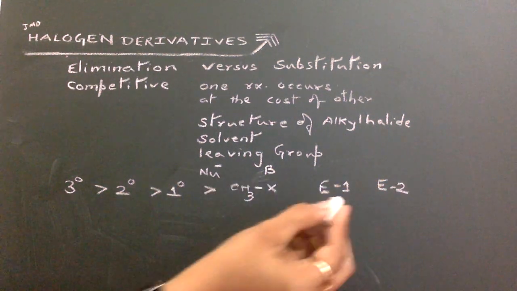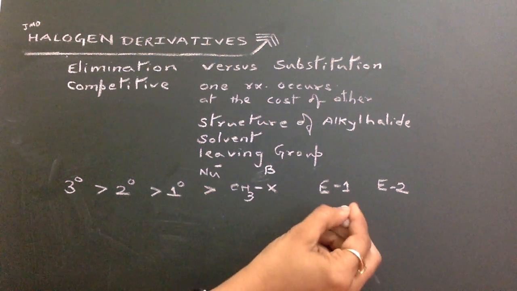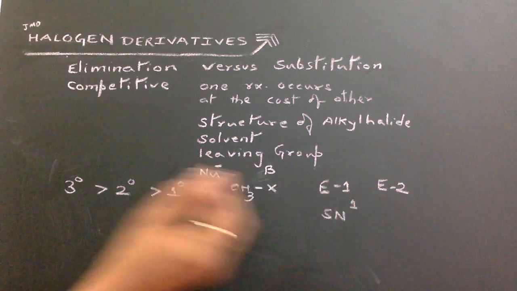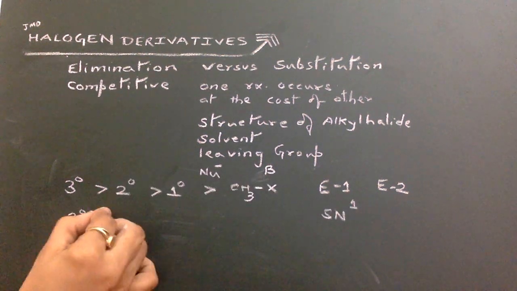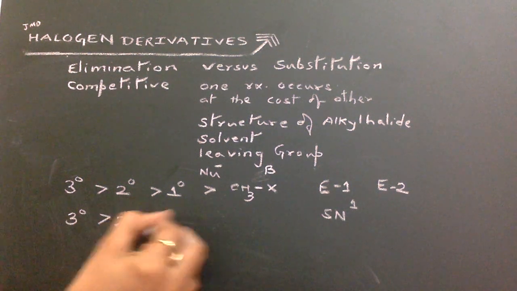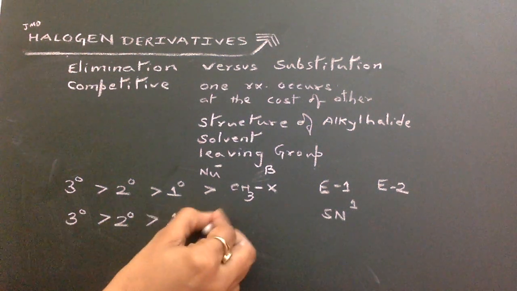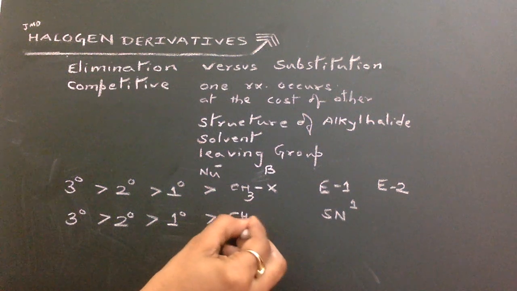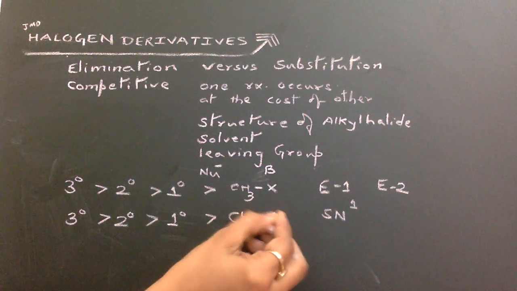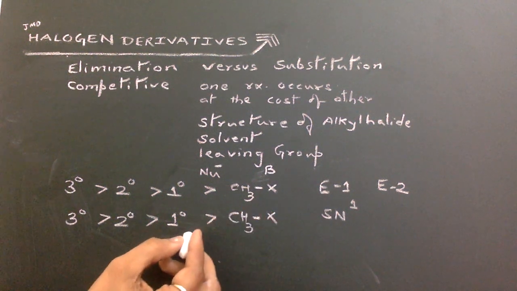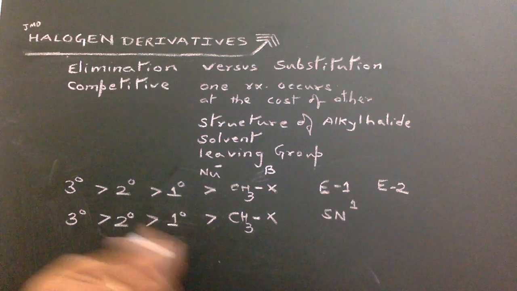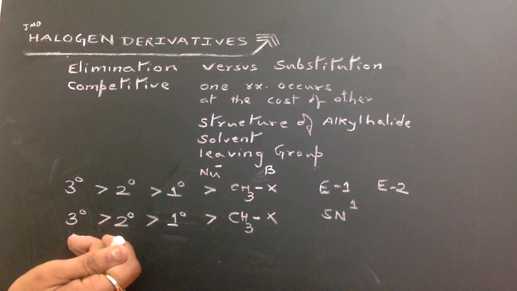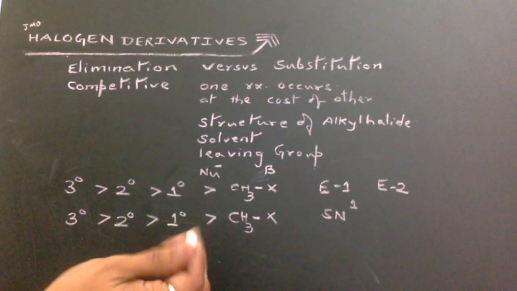Okay. Now next comes SN1. We took the example of a tertiary alkyl halide in SN1, so it's very clear. For SN1 reaction also the order is this. That is, the tertiary alkyl halide is more reactive towards SN1, then secondary, then primary, then methyl.